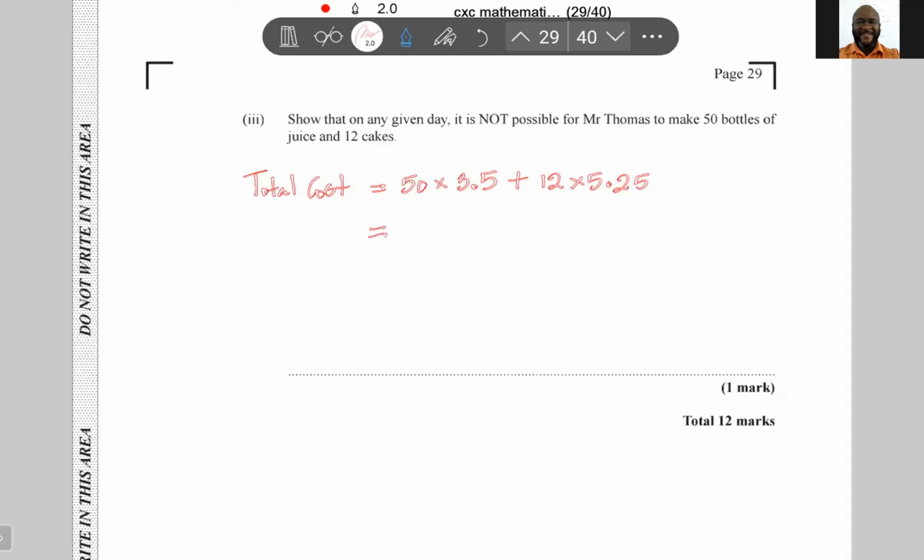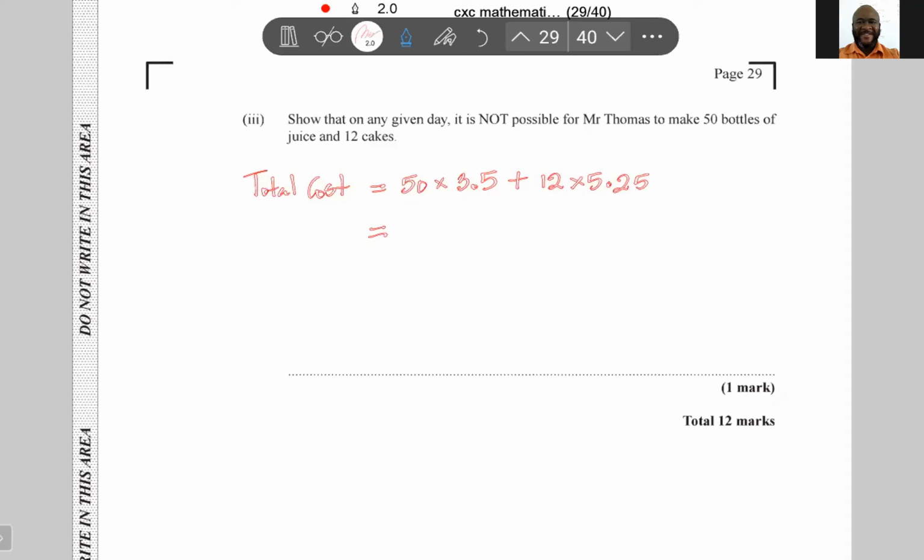So let's see how much money this is altogether. Putting this in my calculator: 50 times 3.5 plus 12 times 5.25.